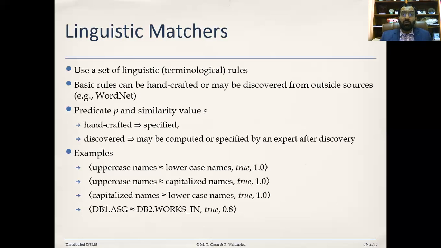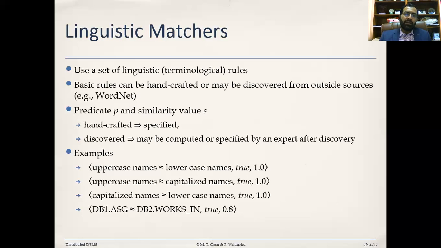If the predicate says it's true with the value of 1, it means they are representing the same thing. Or the uppercase name is approximately equal to capitalized names. According to your predicate, it should be true, and with the value 1, it means they are representing the same thing.